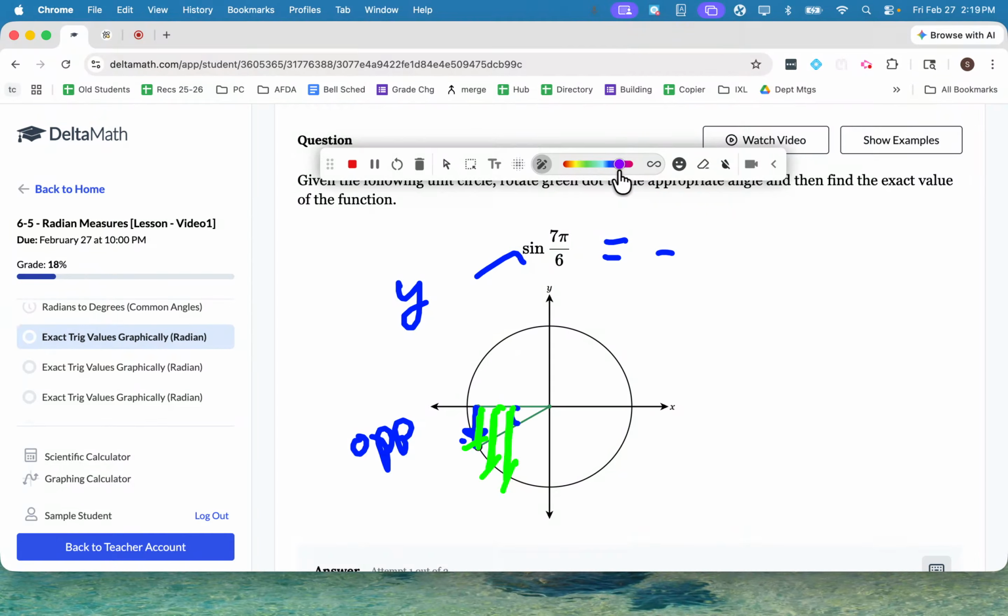You have a small, medium, and large size number. For this angle right here, you're looking at the small, which is 1/2.